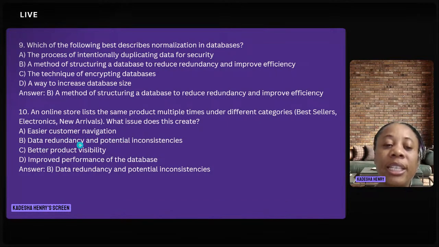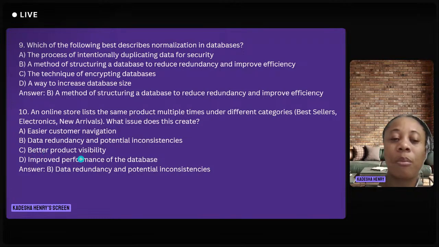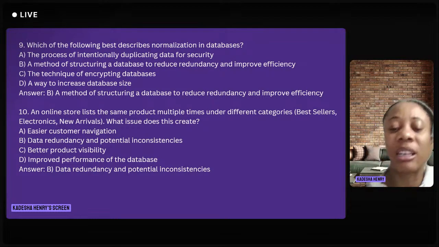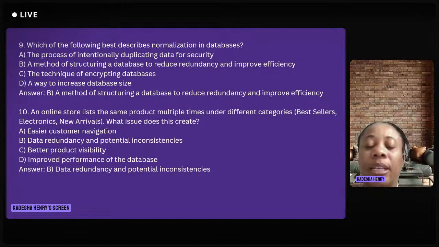B, data redundancy and potentially inconsistency? C, better product visibility? D, improving performance of the database? And the answer will be B, data redundancy and potentially inconsistency.